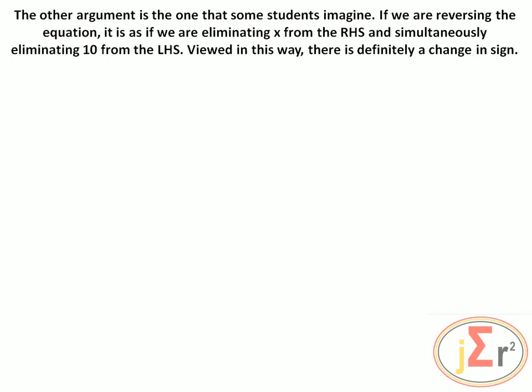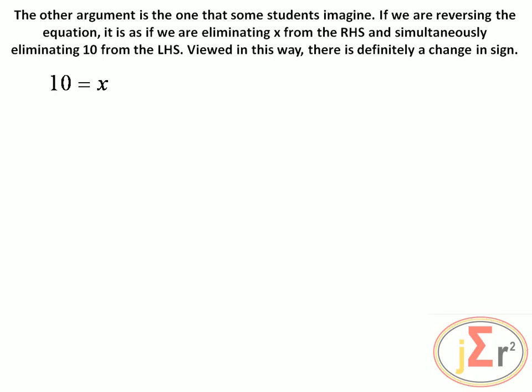Viewed in this way, there is definitely a change in sign. So if we need to eliminate this x from this right hand side, we need to subtract x, and we subtract x from the left hand side also. And if we are eliminating the 10 from the left hand side, we are subtracting 10 from that left hand side and subtracting 10 from the right hand side also.